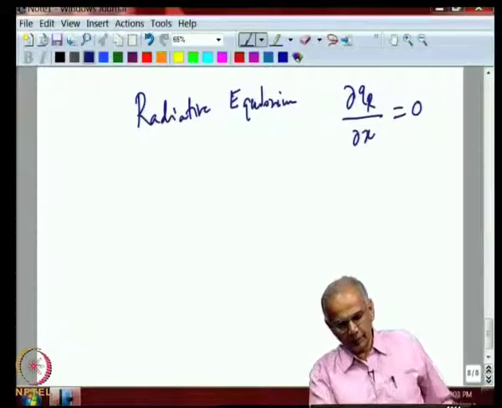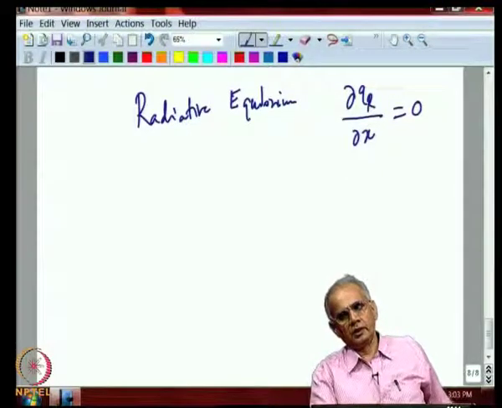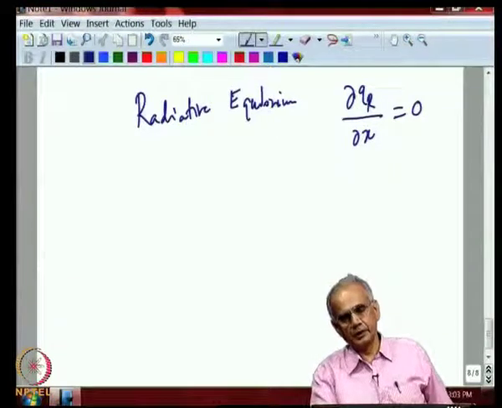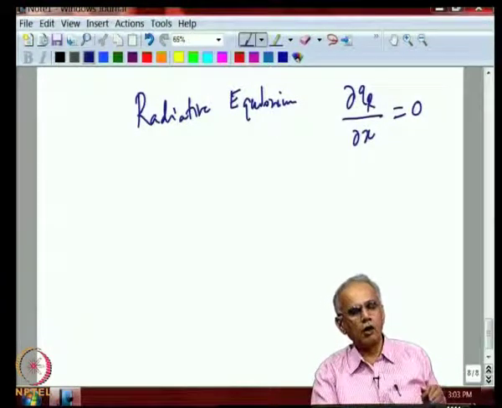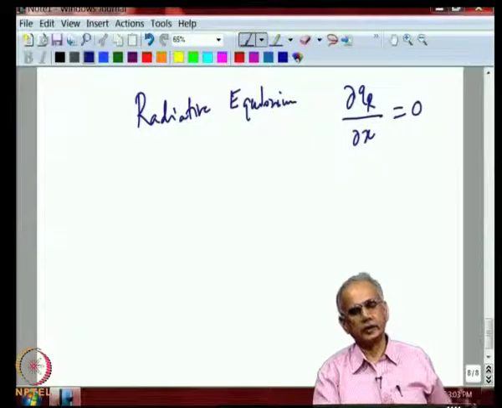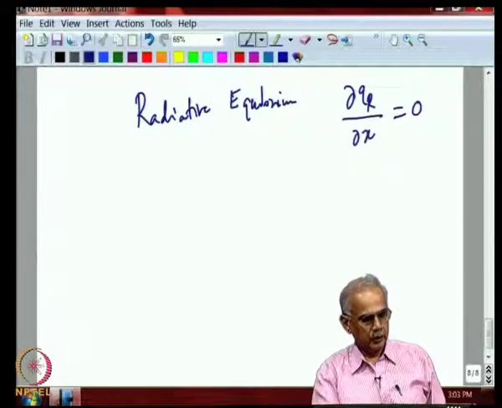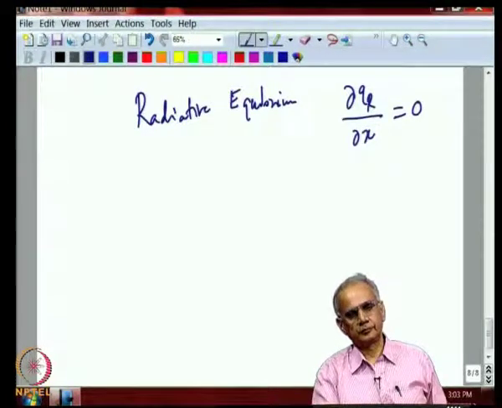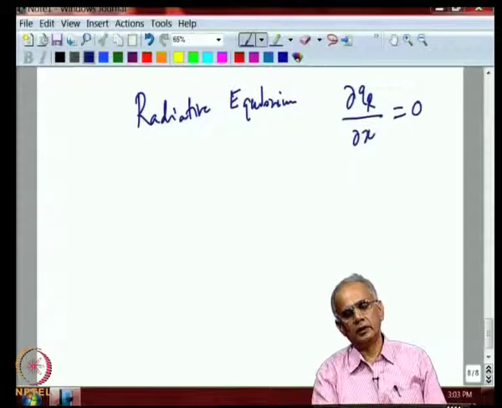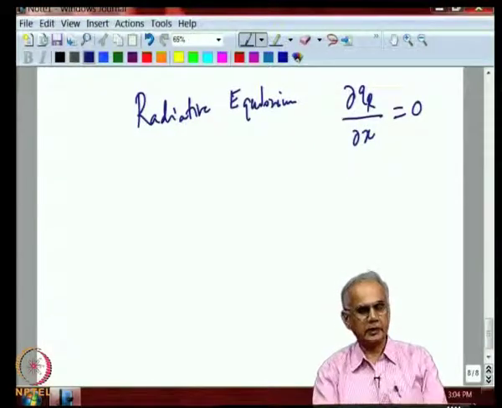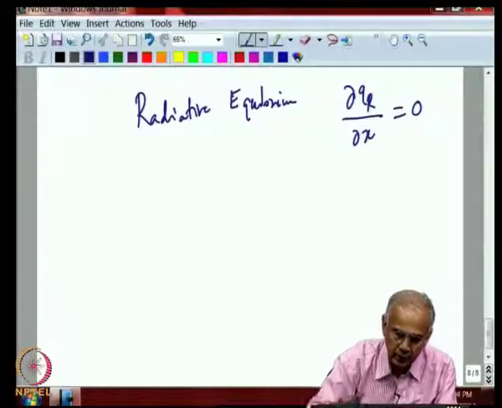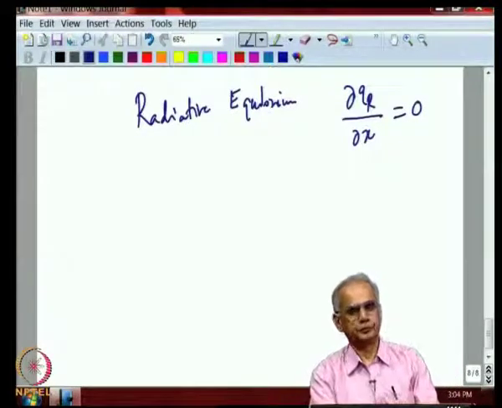This is a useful starting point, because if you look at the energy equation and assume steady state and neglect all other phenomena like conduction, convection, and focus on the radiation, then you do expect that in steady state everything will be in equilibrium. So, if that is the case, then one can see from the first law that the divergence of the radiative flux has to go to 0.